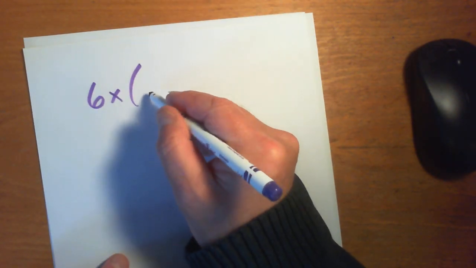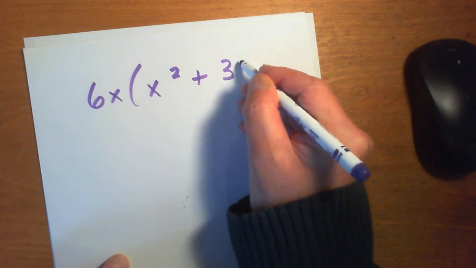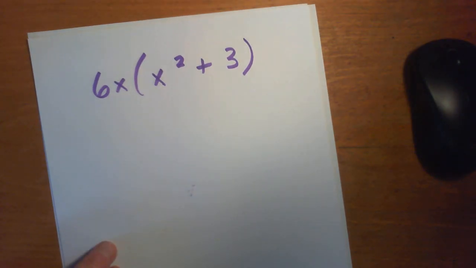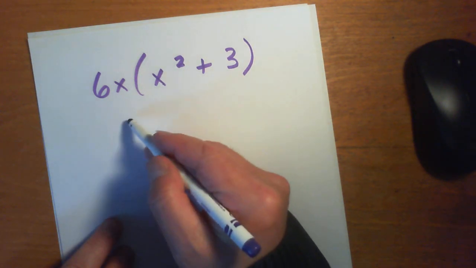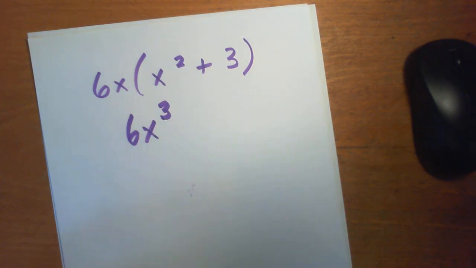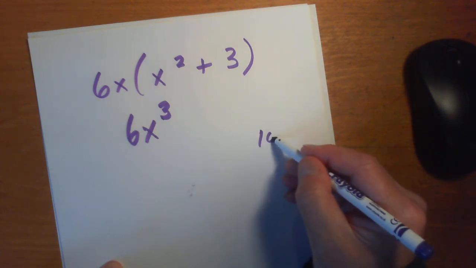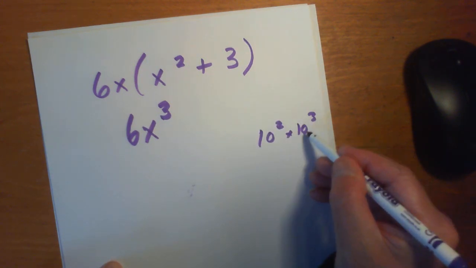Other examples like this are very much as before, just more complicated. 6x times x squared plus 3. Well, 6x times x squared is 6x cubed. That's another rule for algebra, but it's based on an arithmetic rule which we've used already: 10 to the power 2 times 10 to the power 3 equals 10 to the power 5.